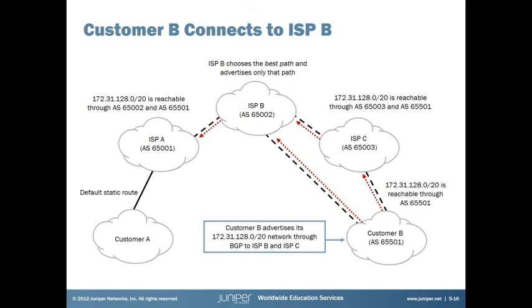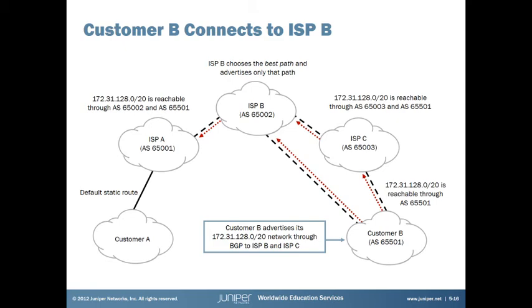So ISP-B receives two advertisements for the same network. It receives one directly from customer B, and it receives another from ISP-C. Okay, so it receives two advertisements, two routes for customer B. One advertised by ISP-C and one advertised by customer B directly.